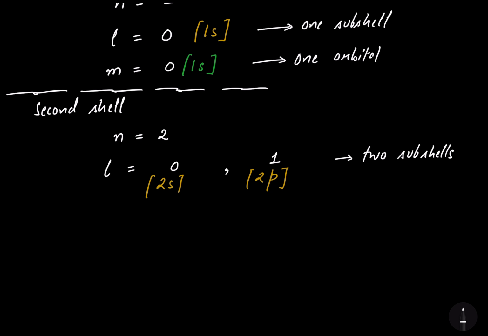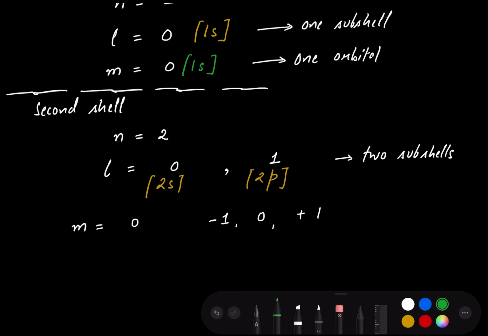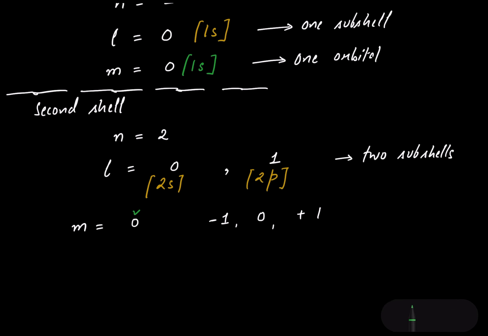Now let's talk about the m. For the value of 0, the m will remain 0. For the value of 1, we will have three values: -1, 0 and +1. For the value of m, the 2 and the 0 stands for 2s only, because it's only one orbital.